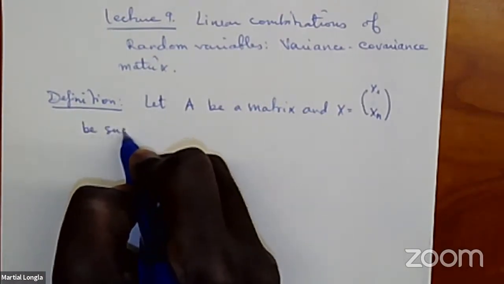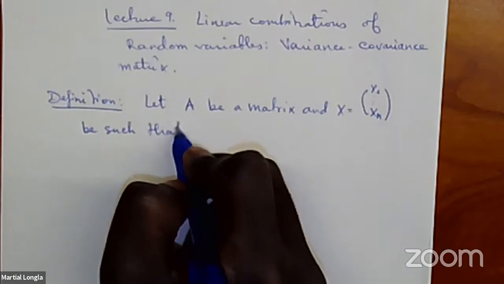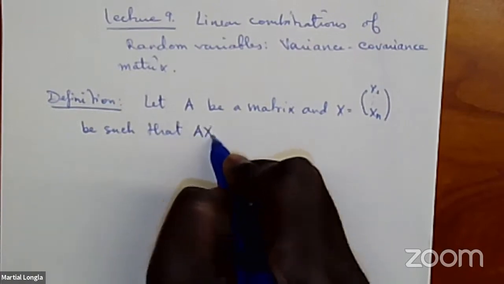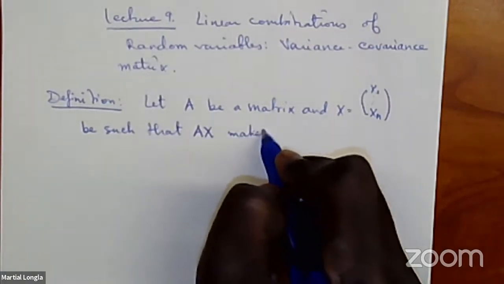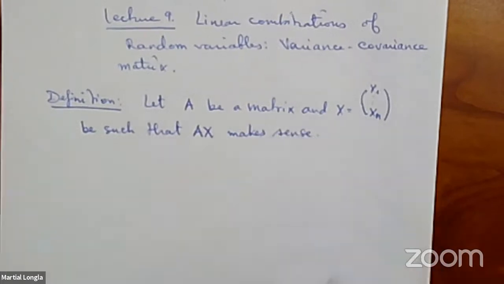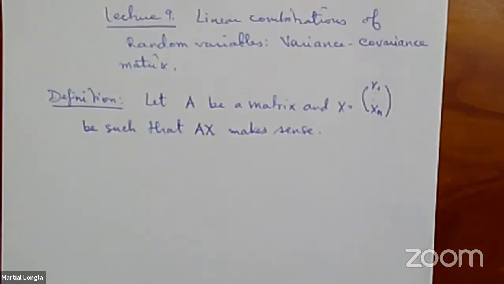I would just write down A such that A times X makes sense, which means that their dimensions agree such that you can multiply that matrix by X.